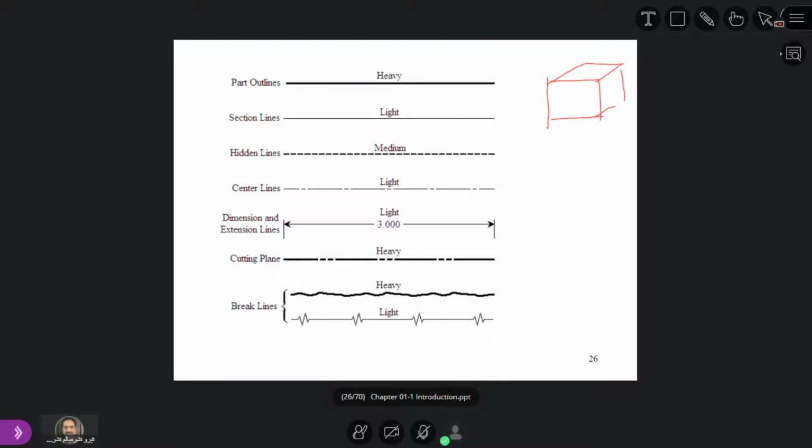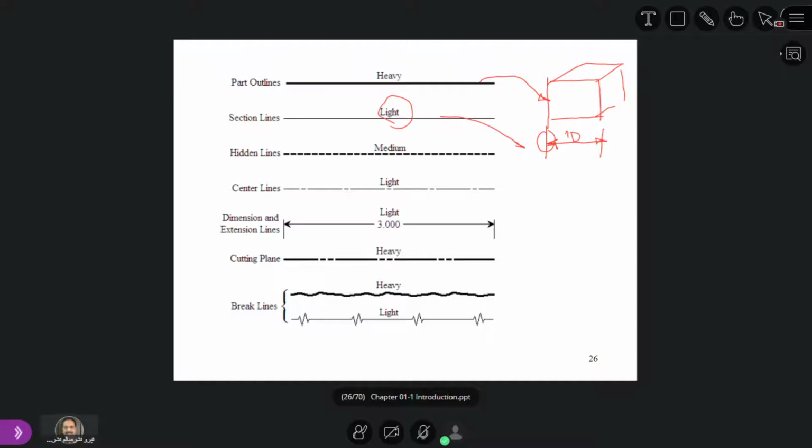So these thick lines should be these lines, and the light lines are, say, the dimensions. Let's say this is 10 mm. So these lines are the light lines.